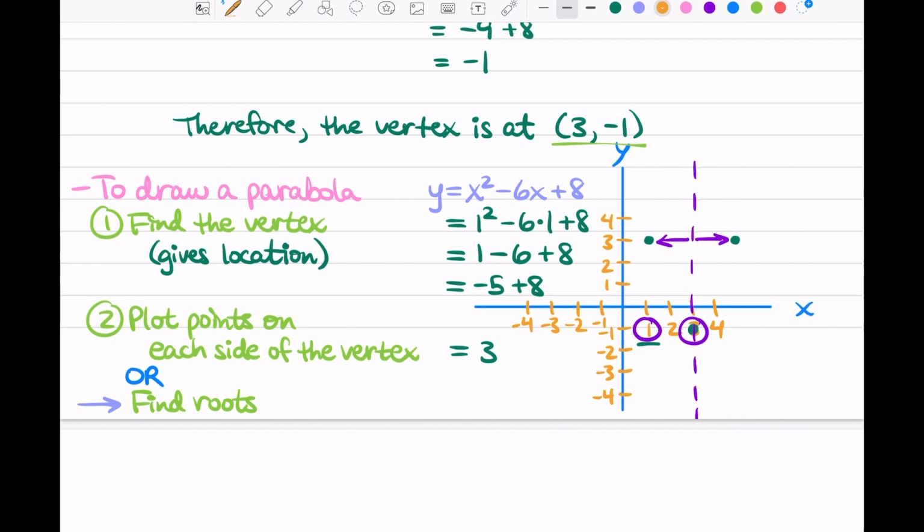And 2 steps from x equals 3 gets us to x equals 5. So we know the point x equals 5 and y equals 3 is also on the parabola. That saves some time. Every point that you find on one side of the parabola, you just flip it over the line of symmetry and you get another point.